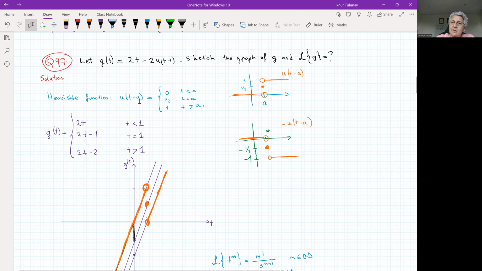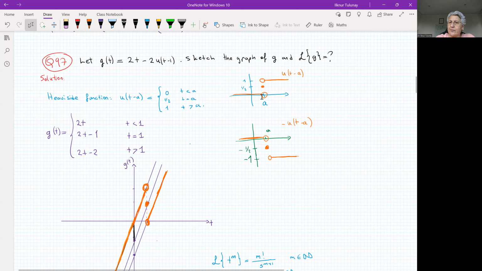It's u(t minus a). When t is smaller than a, that's 0. When t is equal to a, it is 1 over 2. It's just 1 point. When t is bigger than a, you have 1, which is a line segment. And the Heaviside function has a graph of that kind.